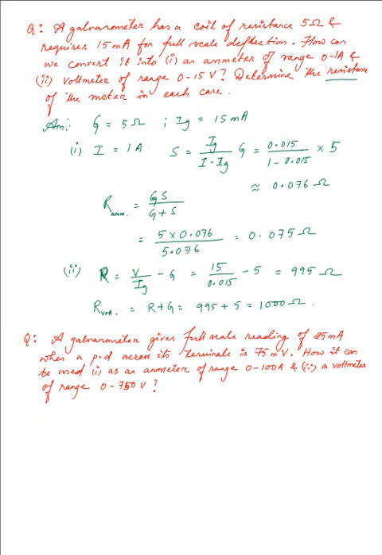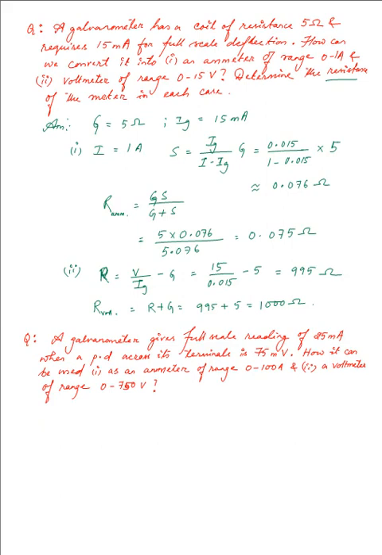And here we have it as 25 and 75, and we wish to find the ammeter in the range of 0 to 100 amperes and the voltmeter in the range of 0 to 750. That's quite large. So let's see what we have in store for us.